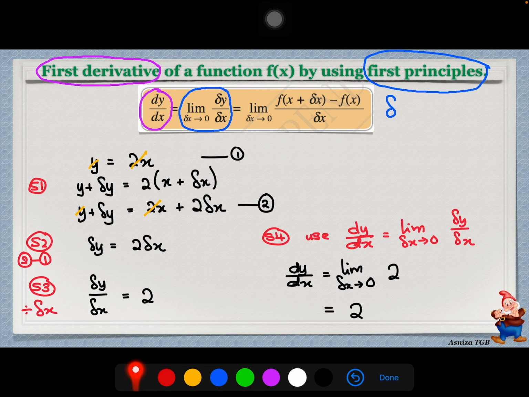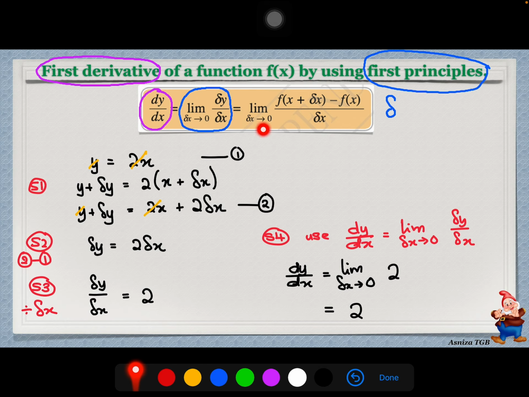Next, we look at the relation. Now dy/dx is also using the limit as delta x approaches 0 of f(x plus delta x) minus f(x), and then divide by delta x. So here we have combined the first, second, and third steps all together into one.